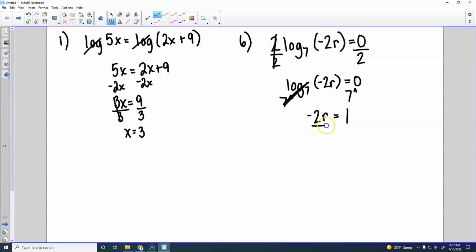And then we just divide off that negative 2. So r is going to equal negative 1/2. Now, our answer is negative, but if I plug it back in, I have negative 2 times negative 1/2, which gives me a positive, so it's still okay that this is the answer. So this is correct.